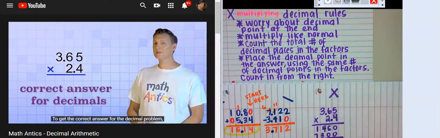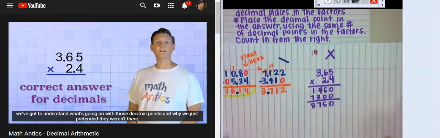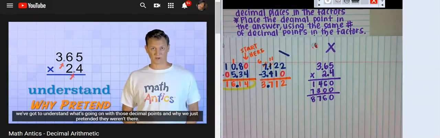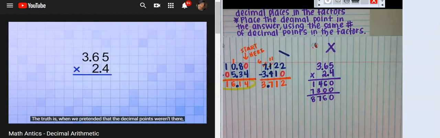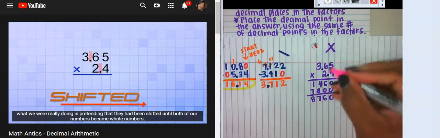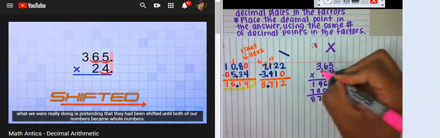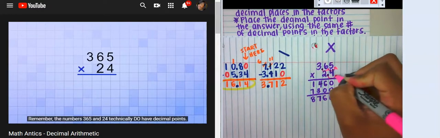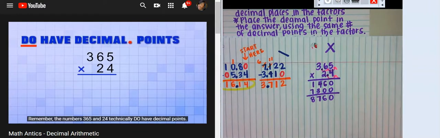To get the correct answer for the decimal problem, we've got to understand what's going on with those decimal points and why we just pretended they weren't there. The truth is, when we pretended that the decimal points weren't there, what we were really doing is pretending that they had been shifted until both of our numbers became whole numbers. Remember, the numbers 365 and 24 technically do have decimal points.